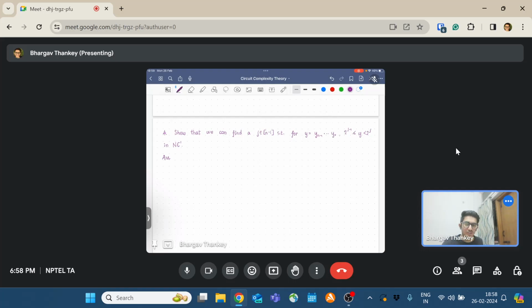So can you propose a very natural approach to do this? So when is it that y is between 2 to the n minus 1 and 2 to the n?